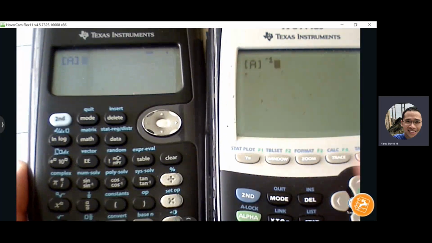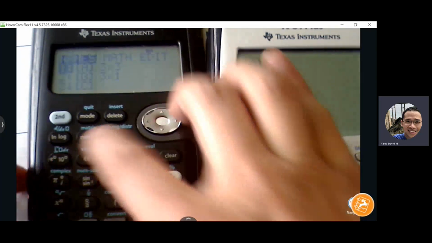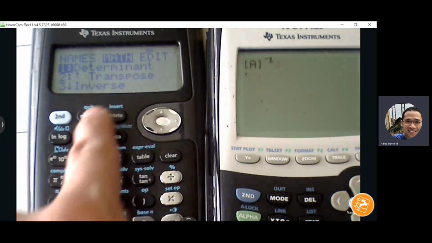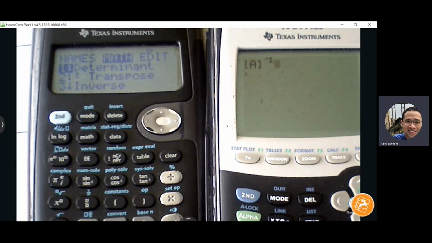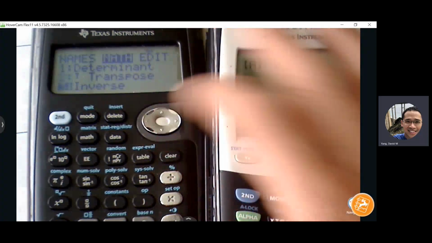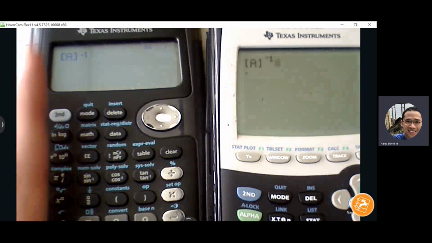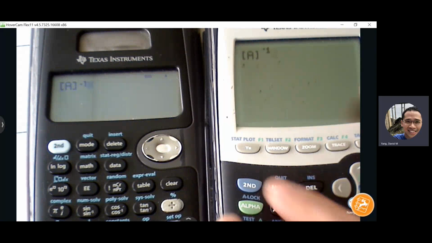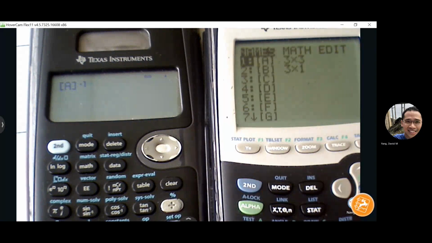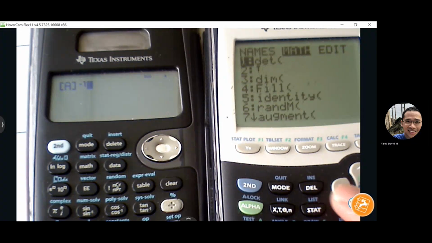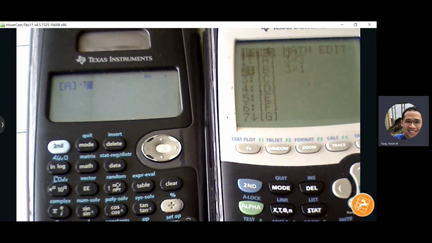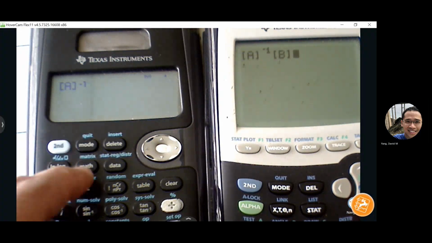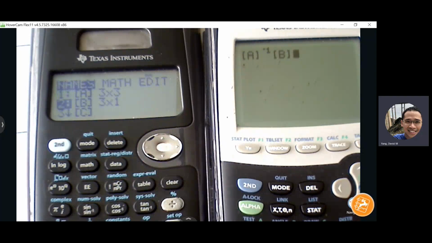On the 36 Pro, you're going to have to go to matrix, then math, and then that third option, inverse. So scroll down to inverse. That will produce your inverse matrix A. Okay, so now we're going to call matrix B. Name, matrix B.